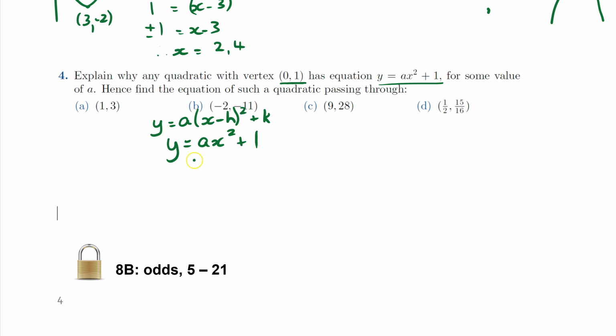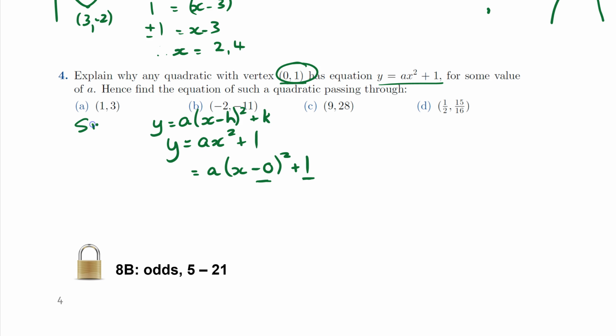So what have we done here? How do we make this look like that? Well, we just say that this is a outside of x minus 0 all squared plus 1. So we can read off then the coordinates of the vertex are 0 and 1, which is exactly what we needed up here. So how would I set all that out as a more formal proof?